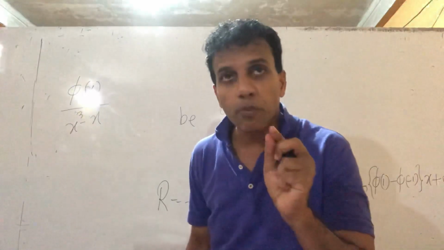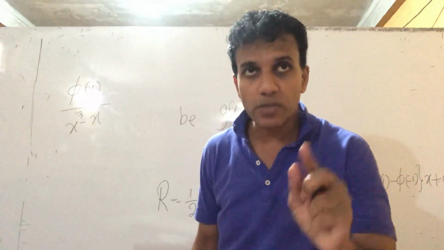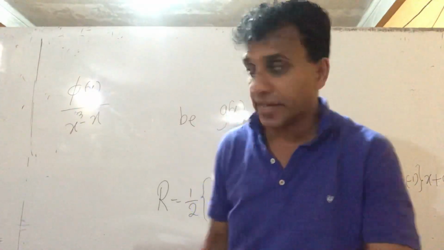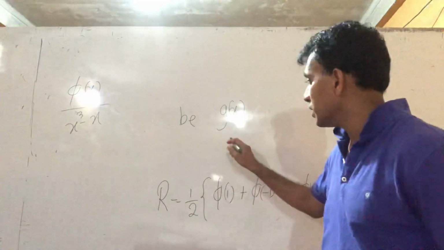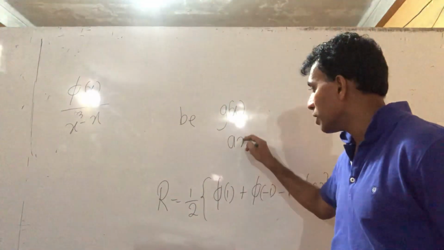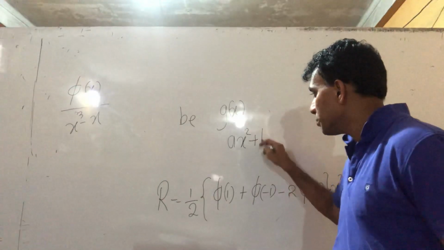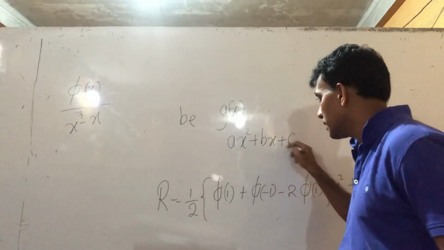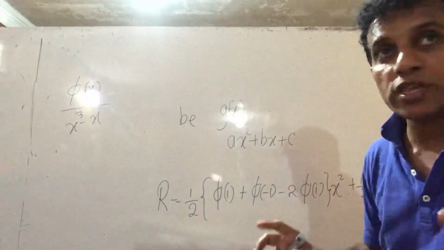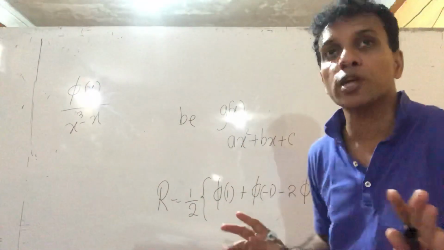you know, in cubic polynomial division the remainder becomes a quadratic. Let the remainder be ax square plus bx plus c. This is the general form of the quadratic polynomial.